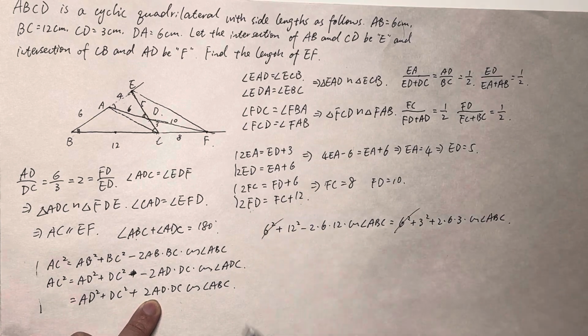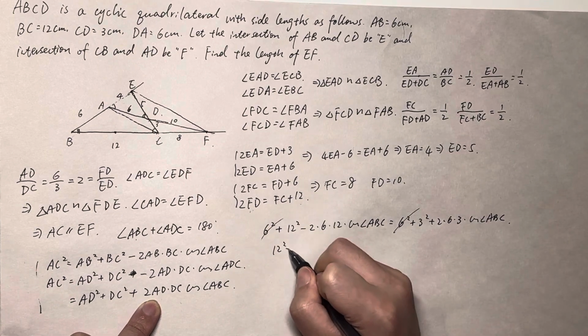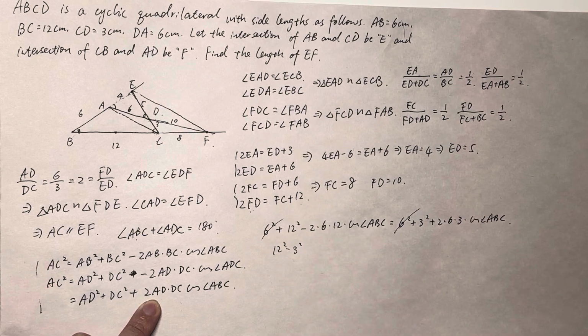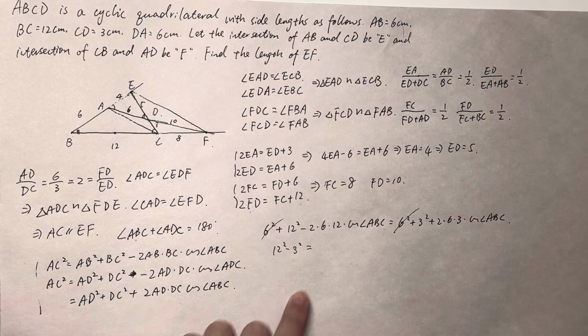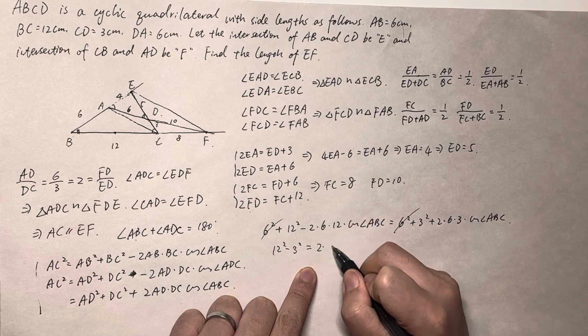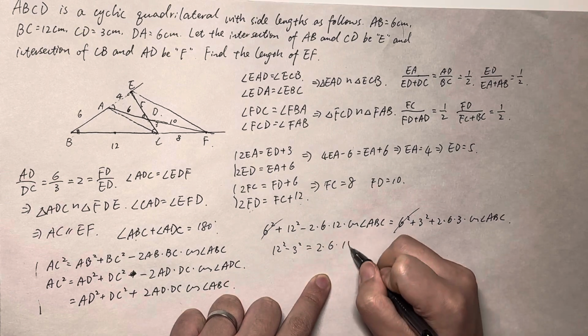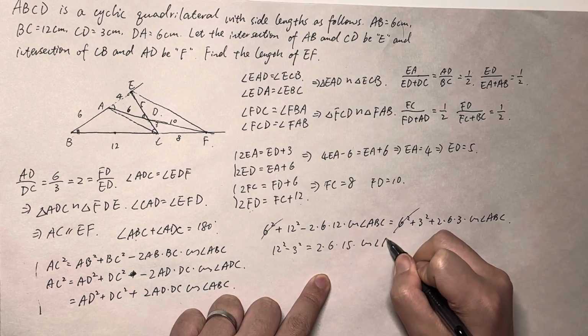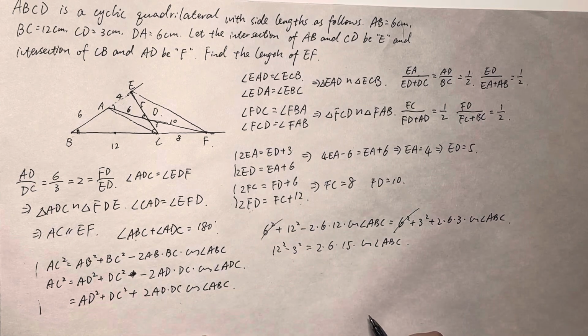So we know that 12 squared minus 3 squared equals 2 times 6 times 15 times cosine angle ABC, right?